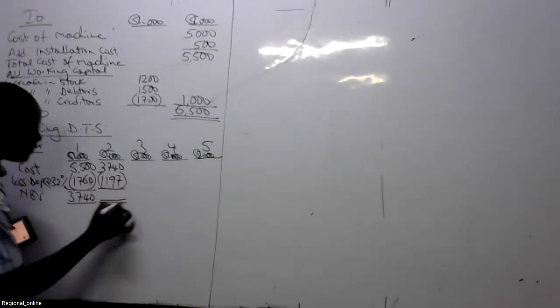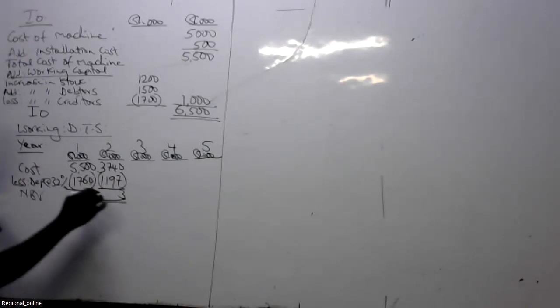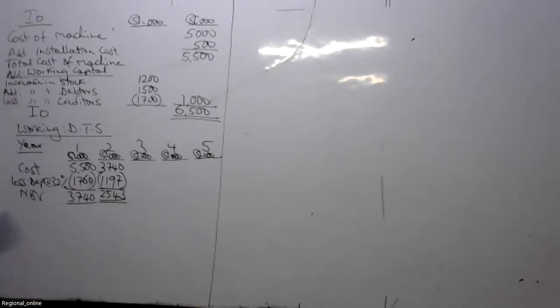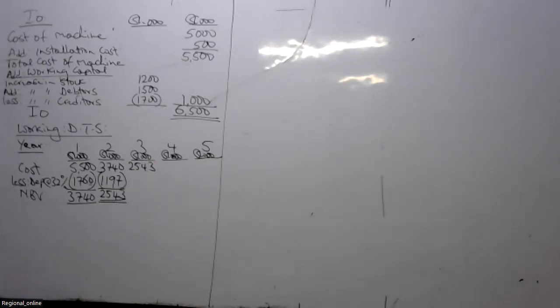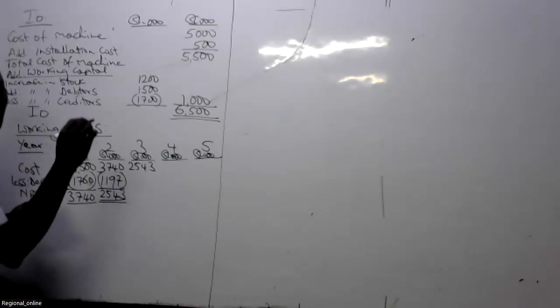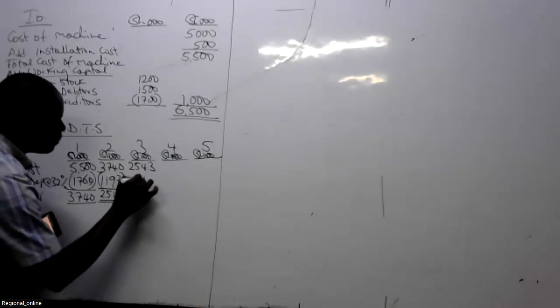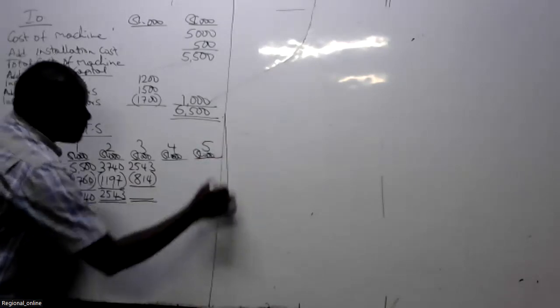The net book value is 2,543, right? It begins which year? Year 3. Times 0.32. How much? 814. We depreciate 814, and we remain with how much?